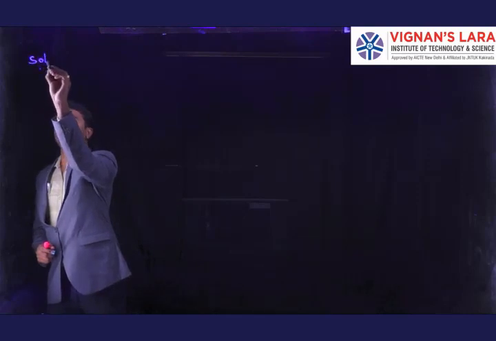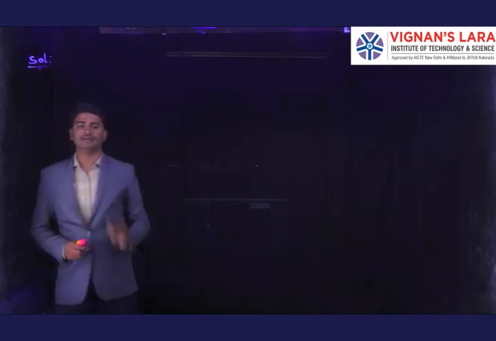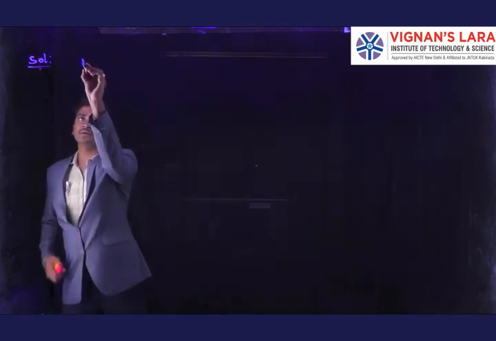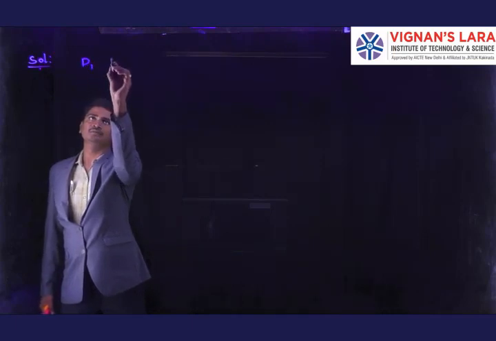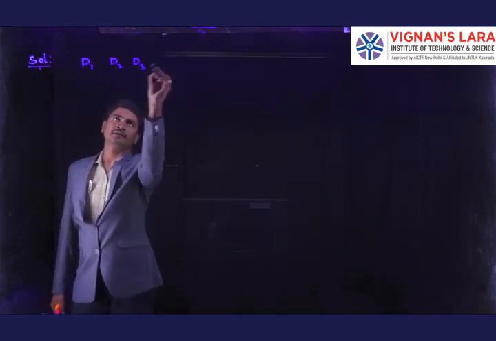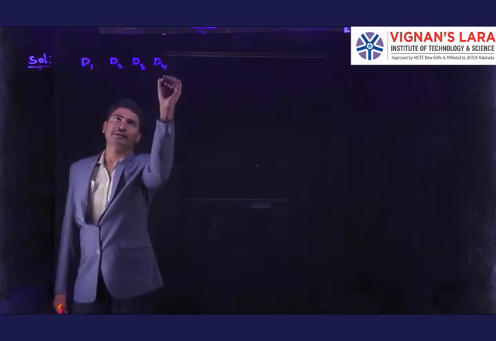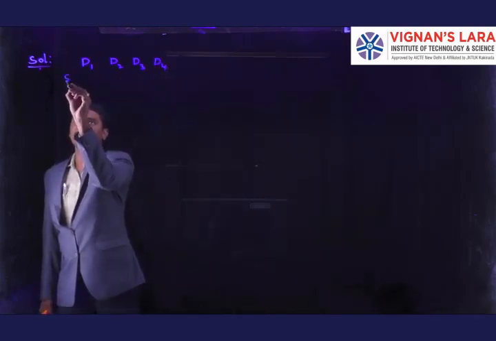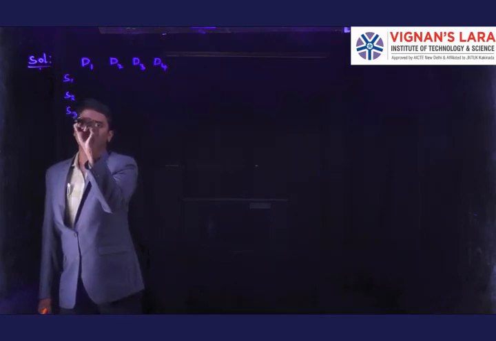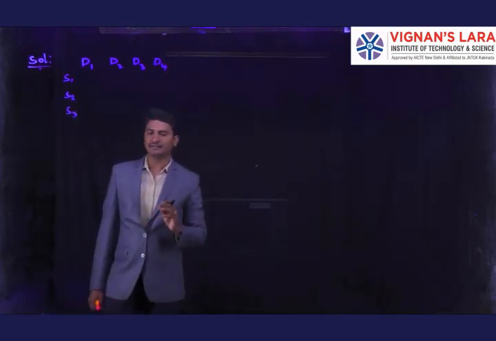Here first we have taken the given data. They are given 4 demand stations and 3 supply stations. Each one: 1, 2, 3, 4 are the demand stations, and 1, 2, 3 are the supply stations, and they are given the CIJ values.